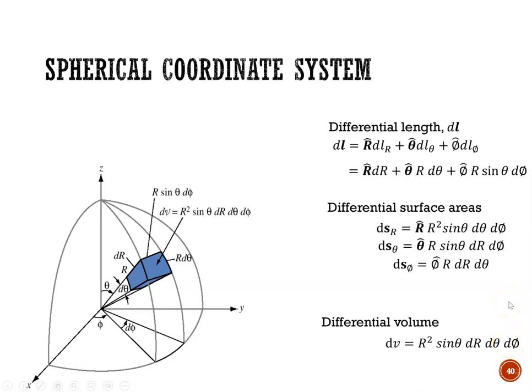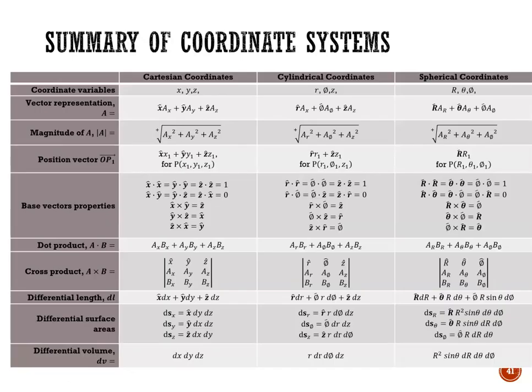So all the equations for differential length, differential surface area, and differential volume for all three coordinate systems, Cartesian, cylindrical, and spherical, would be in this table to use. Here you can see that we have the coordinate variables. For Cartesian, when you see x, y, z, you know straight away it is Cartesian. Cylindrical, you have r, phi, and z.